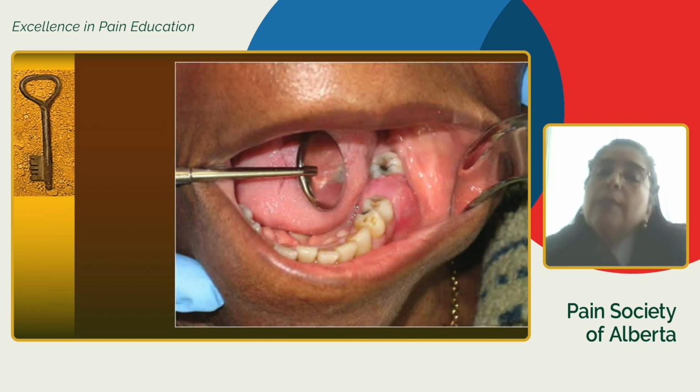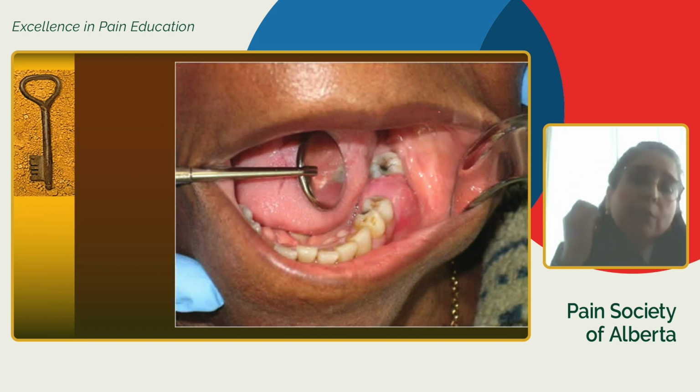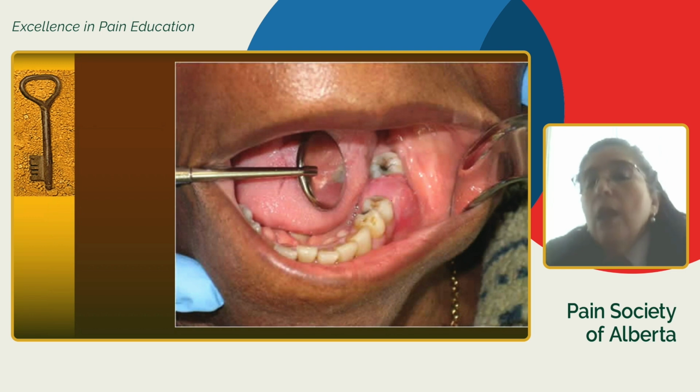And when we look in the mouth, that gum that was supposedly inflamed was like this, and this is not an inflamed gum. This is basically a tumor. It's a lesion of the cancer. She had a history of multiple myeloma for 4 years.